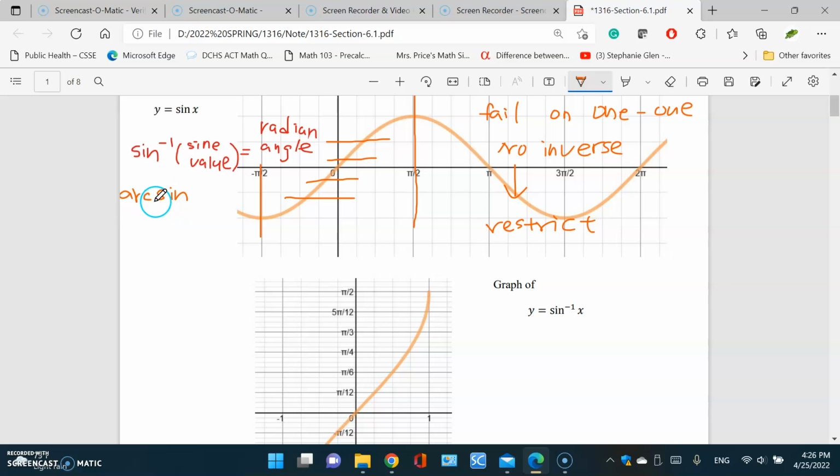When we have the arc sine function, inside the parenthesis we have the sine value, which is the exact value we have been finding from the previous chapter. So when you have the sine inverse of an exact value, that will equal the angle.